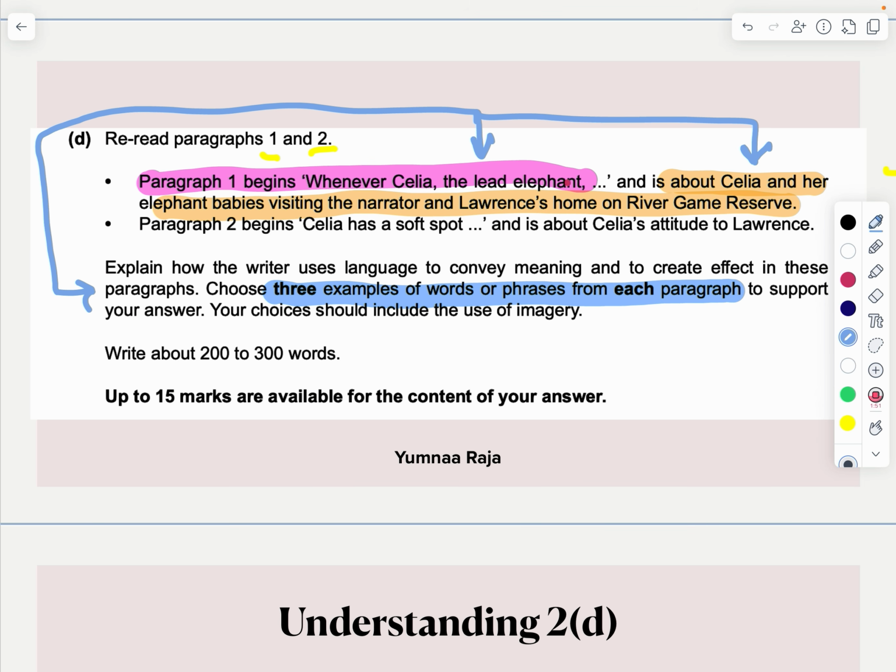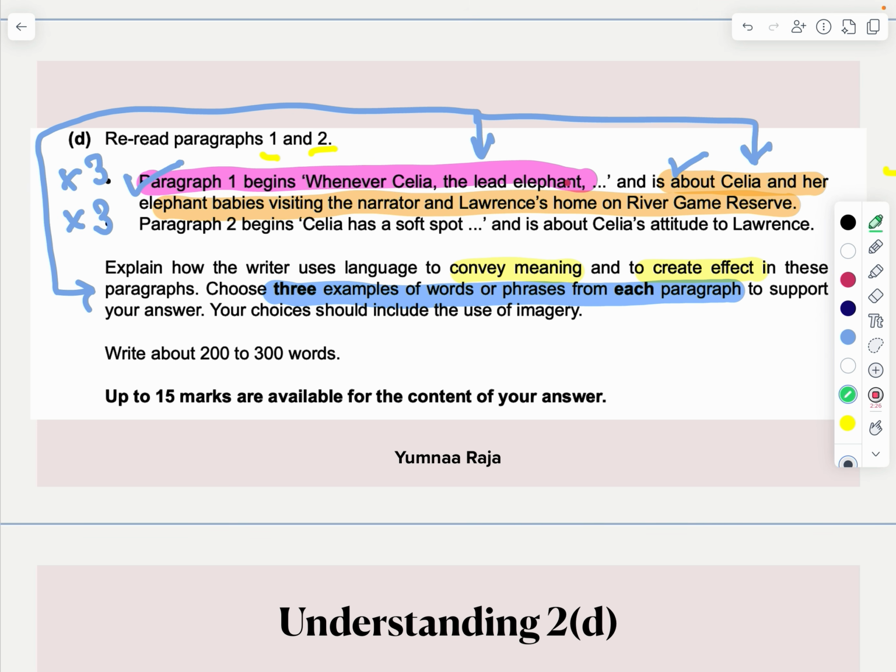We are looking at a paragraph, looking at what the paragraph is about, and then from each of these paragraphs, we are picking out 3 examples of words or phrases, I'll talk about this in a bit as well, to actually show how the writer conveys meaning and creates effect. Now, this can be slightly tricky, which is understandably very confusing for students. So we're now going to move forward and see how you can do all of that.